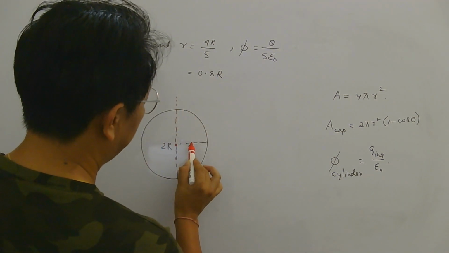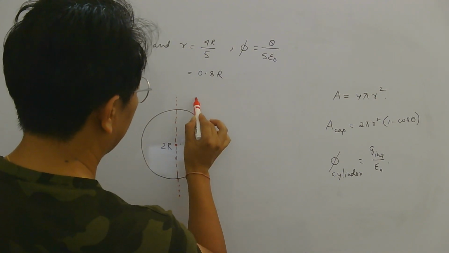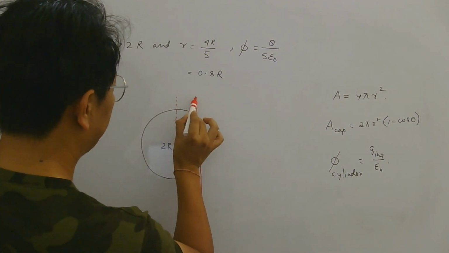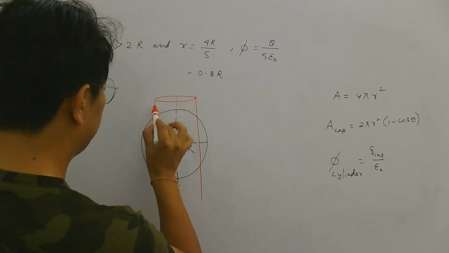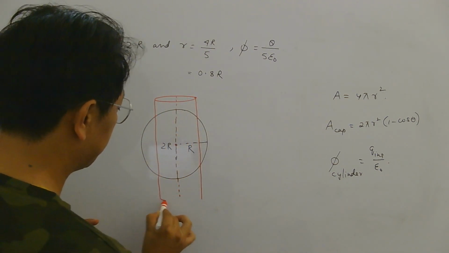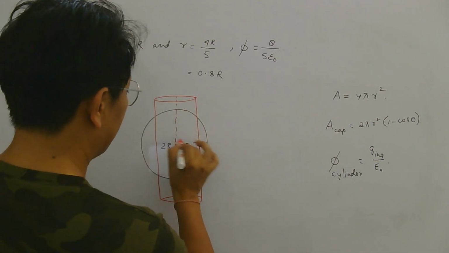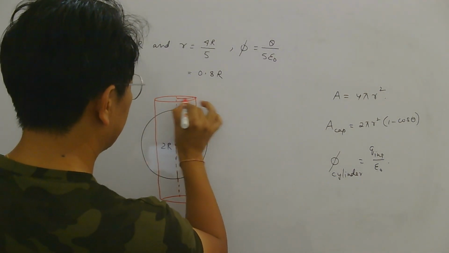So this is 0.5r, 0.8 will be somewhere here. So this will be your cylinder. Correct? So this radius is small r.